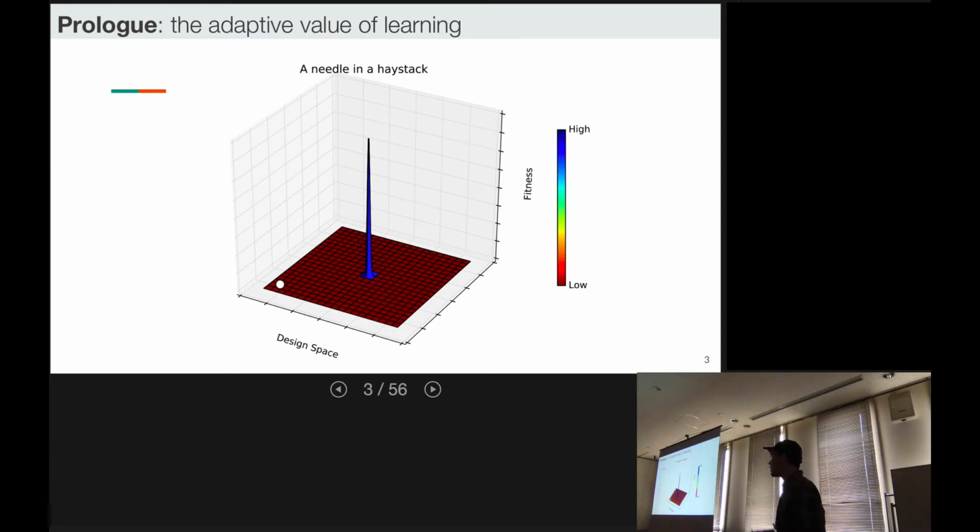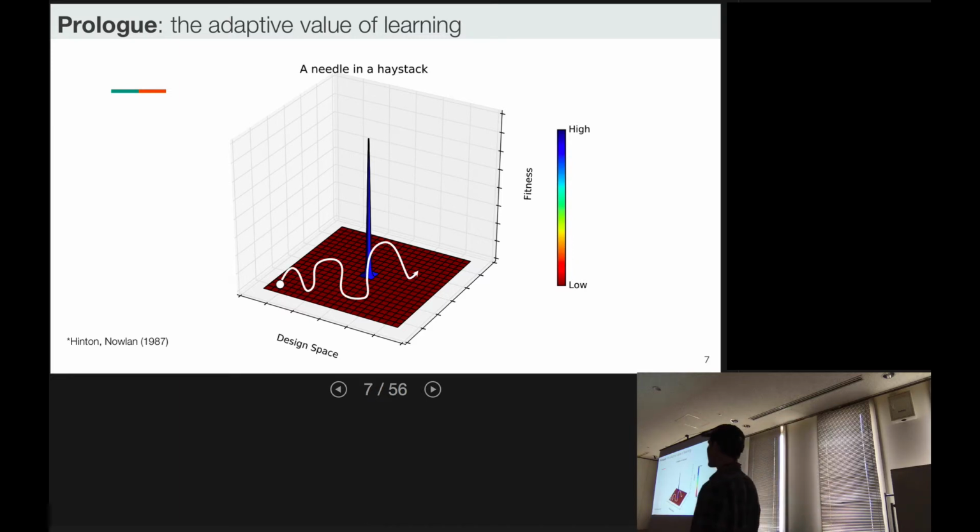However, if we move away from a situation in which we're exploring this design space discretely with static configurations to one in which we allow individuals to change over their lifetime, we introduce the possibility of passing through this needle at some point in the life of some individuals. This was presented originally by Hinton and Nowlan in 1987, in which they had a population of individuals that could change themselves by virtue of some function, which here was just random change.